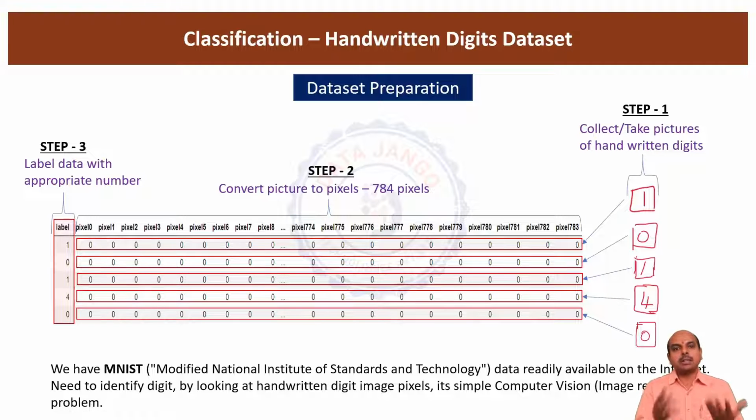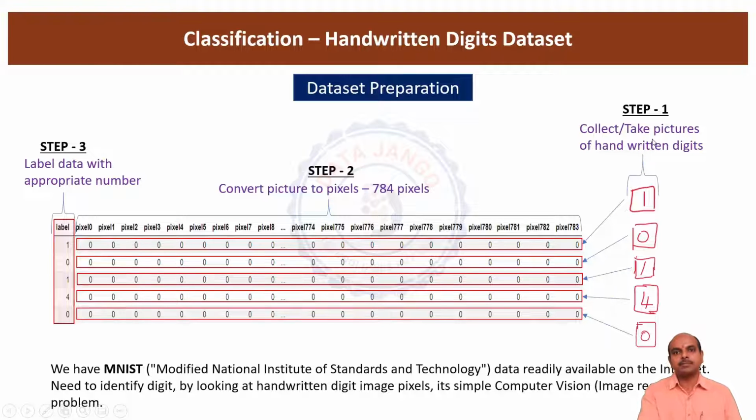So to solve that problem, we have to collect the data. Quite often in data science, machine learning and AI projects, you need to prepare the dataset. How will you prepare the dataset? You ask people to write individual numbers, maybe 1, 0, 4, 5 like that, and take a picture of it. The first step is to collect the data.